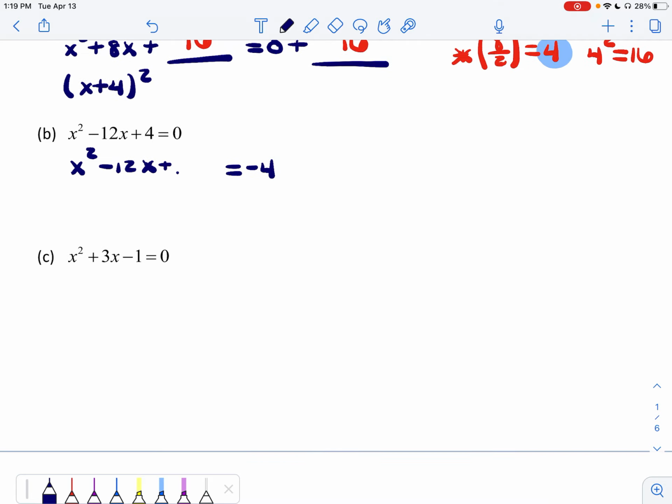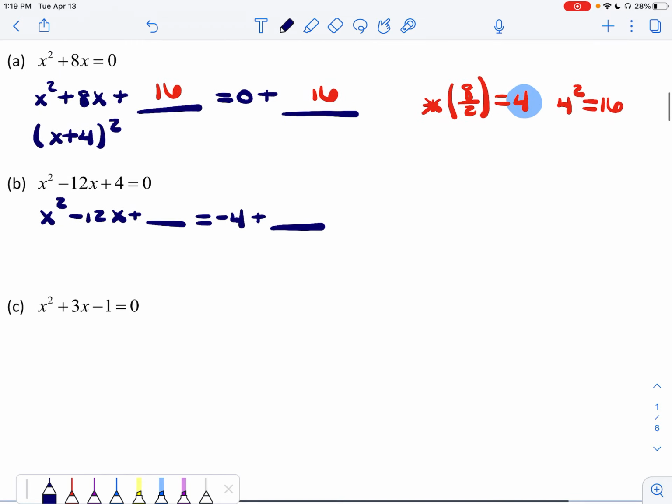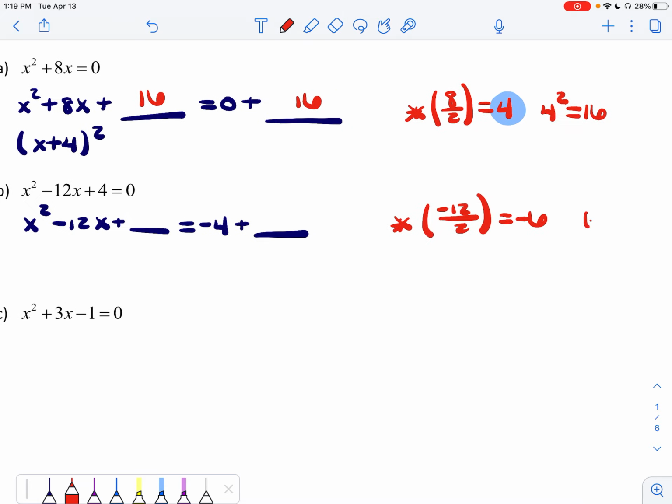Okay, so then we just need to think, well, what do we need to add in order to complete our square? Well, again, if we take our b term and divide it by 2, we get a -6, and then a -6 squared is equal to 36.